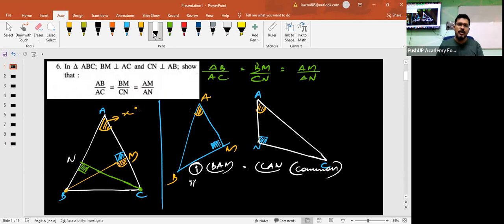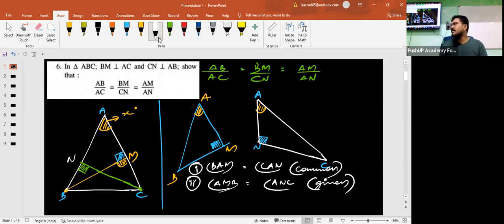Now, point number 2. What will you write? Angle AMB is equal to angle ANC, or CNA. I'll write ANC, okay? Angle ANC, that is given to you. They both are perpendicular, so it is given to you. Two of the angles are equal. Let's write the notation form. Point number 3.